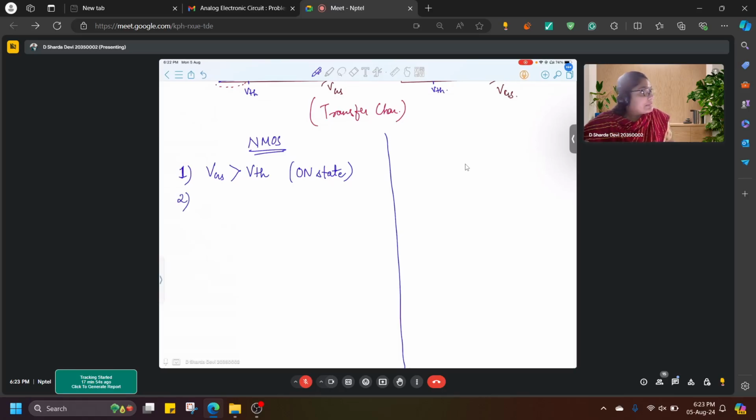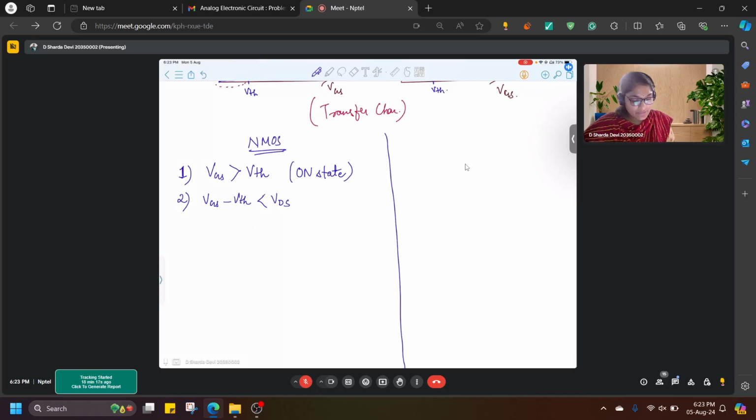Then the situation is, okay. So if your VGS minus VTH is less than VDS, so if you observe, VGS is the input parameter, VDS is the output parameter. So here we are comparing these two, input and output.